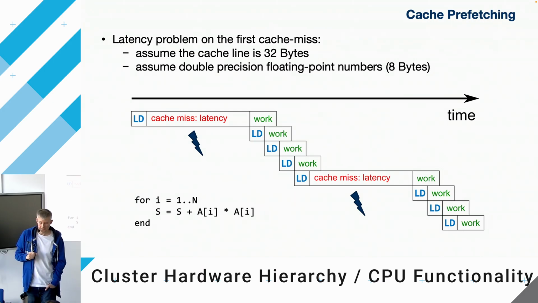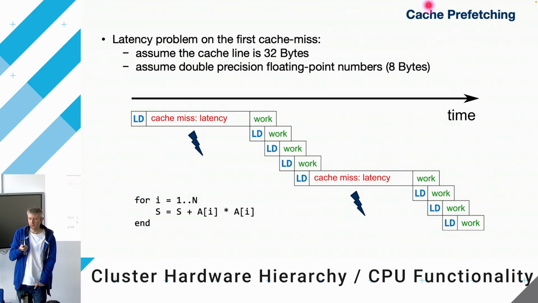Now, one technique to improve this is cache prefetching. The idea here is that we have some load, and then we have some cache misses. This introduces latency, and before we can do the work with the data that we wanted to load, we have to wait.